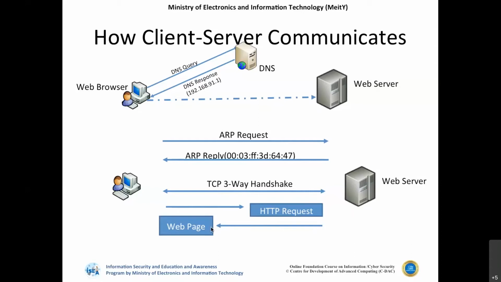Even if you take WhatsApp, or any kind of application which requires a remote machine to interact, this three-way handshake is a legitimate action. If this does not happen, it can sometimes be considered non-legitimate, and sometimes it is even called an attack. So I hope you understood how client-server communication works.